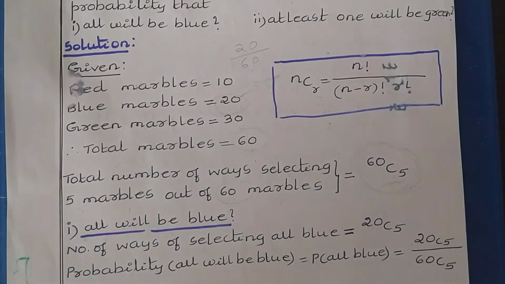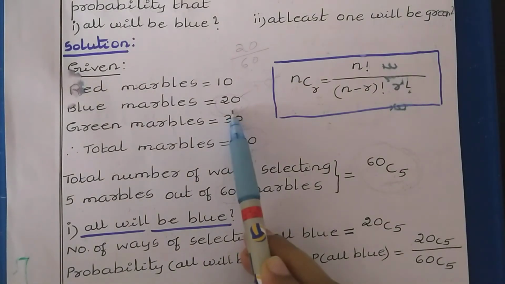Next, the first question is all will be blue. When we select 5 marbles from the box, all the 5 marbles must be blue marbles. So that probability we need to find. So first of all, let us see how many ways we can select the blue marbles. Totally we have 20 blue marbles.